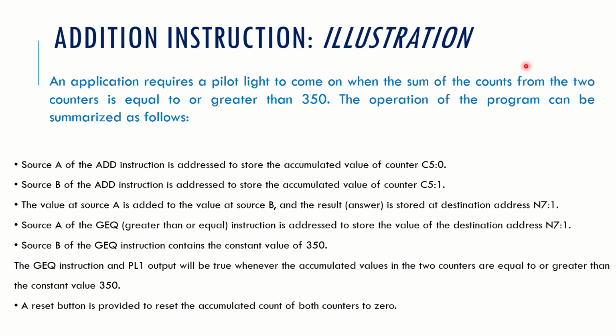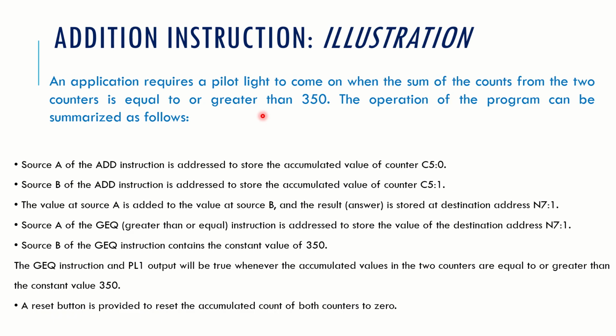What is your output? Your output is a pilot light. You have two counters, and there is a condition: when the sum of the two counts is equal to or greater than 350, your pilot light should come on.